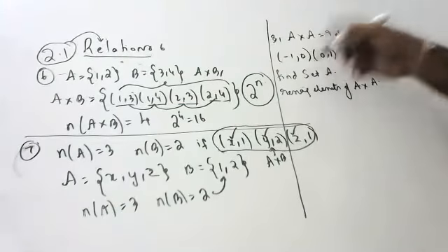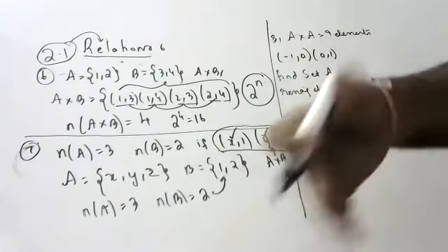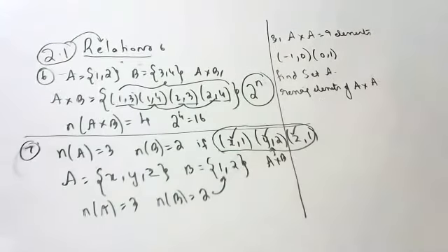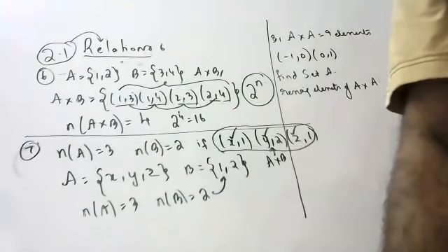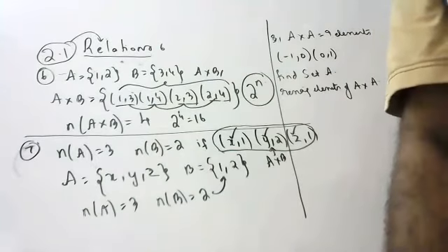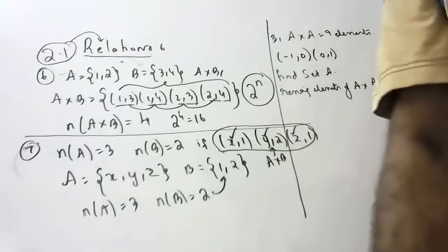So A cross A has 9 elements, children. We know that if n of A is equal to p and n of B is equal to q, then n of A cross B is equal to p into q. So total 9 elements.